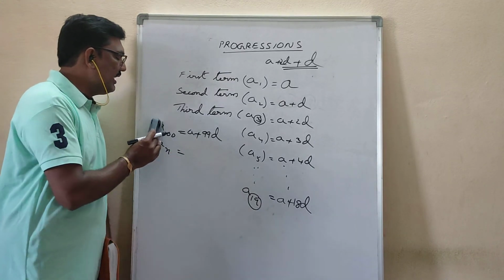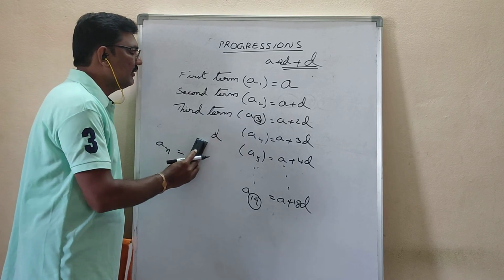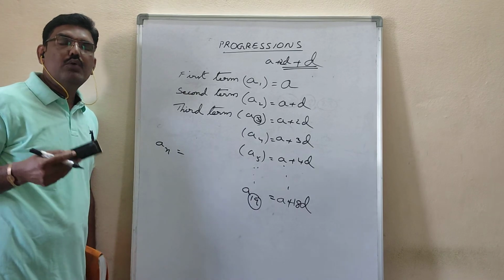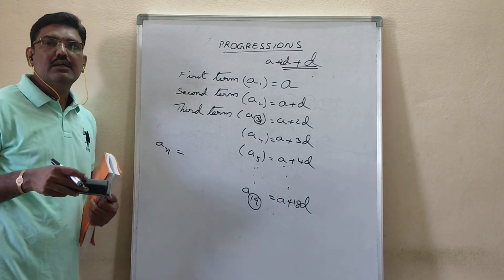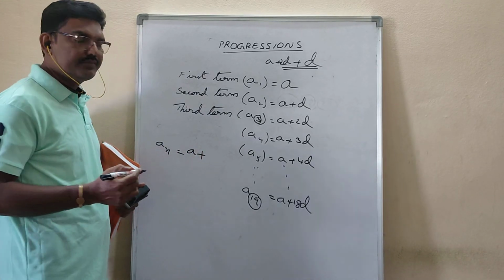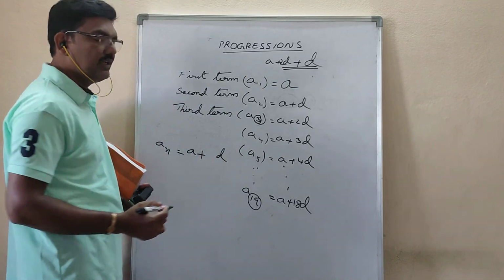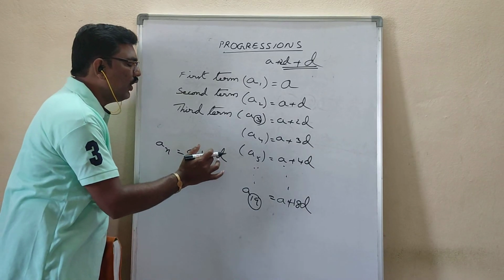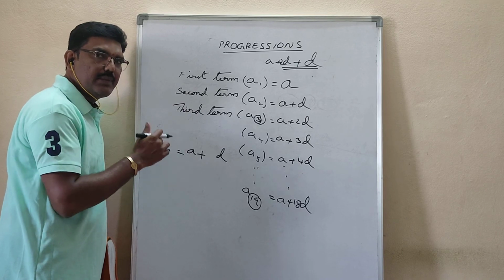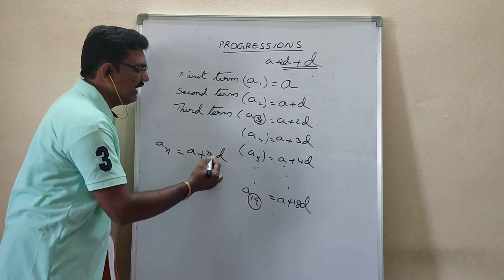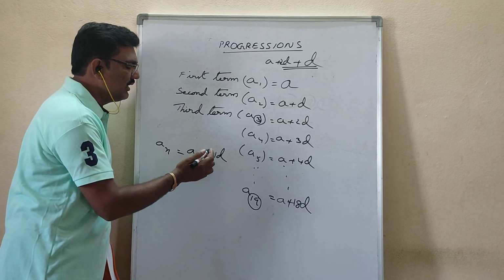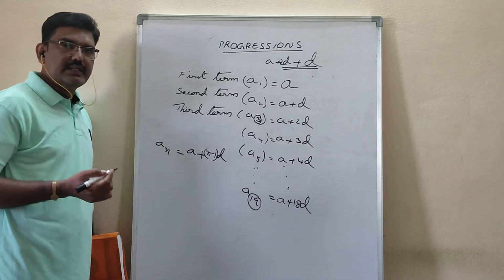Like I want an. An means nth term. Here again the same observation. How will you write an? A plus is common, and d is also common. For d's coefficient, whatever number is there, subtract 1. So I have to write n minus 1. Being two terms, n minus 1 should be kept in brackets.